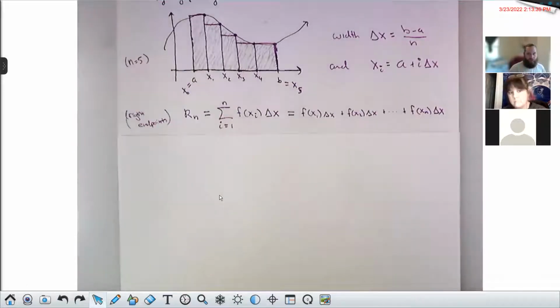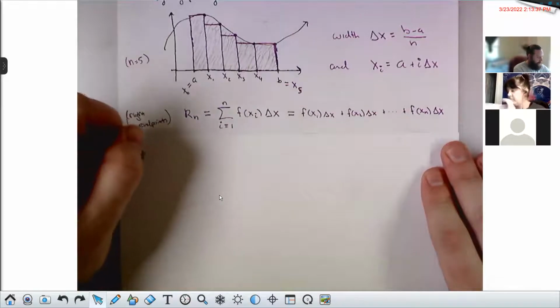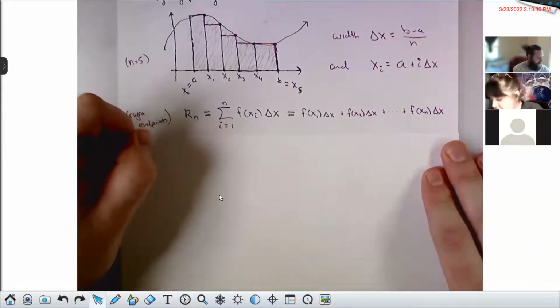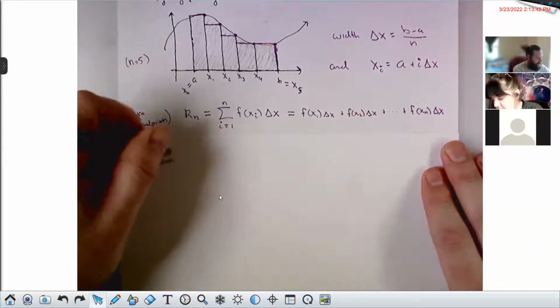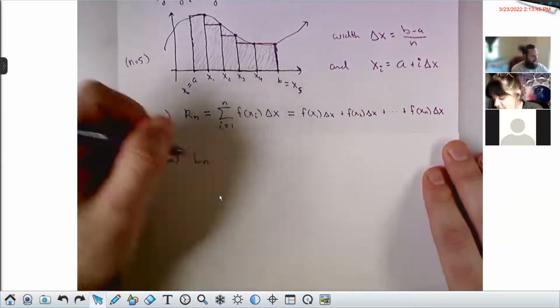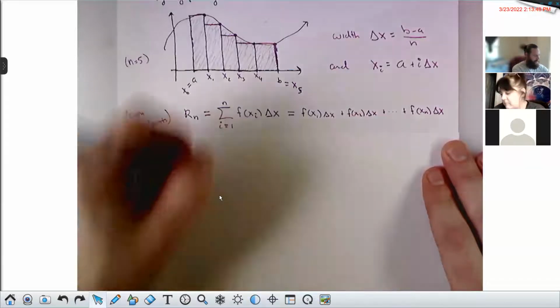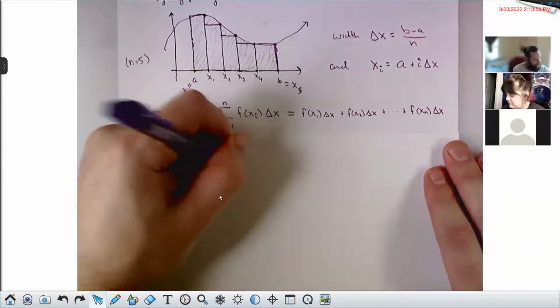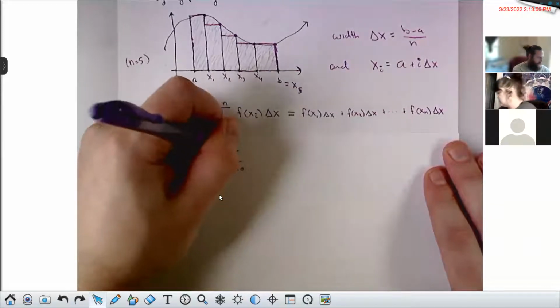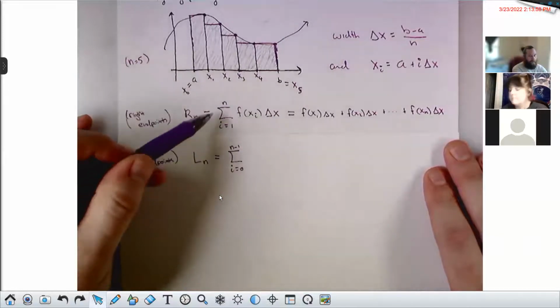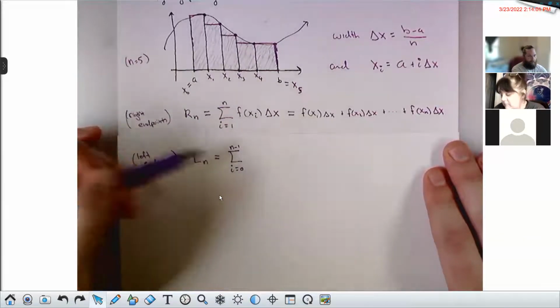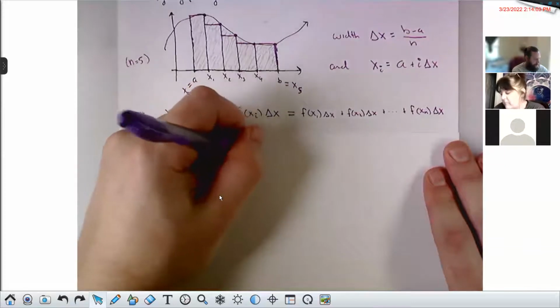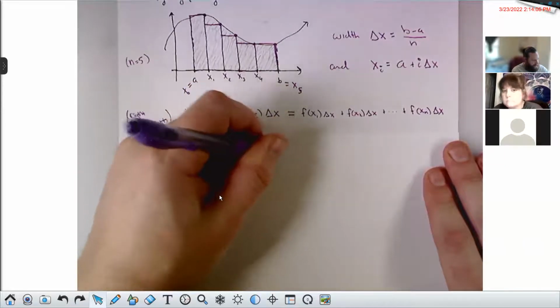If you let the height of each rectangle be determined by the value of the function at the left endpoint of each subinterval, so if you use left endpoints, then we got the thing we called Ln. Which is very similar. Only instead of the sum running from 1 to n, it runs from 0 to n minus 1. Everything else is the same.